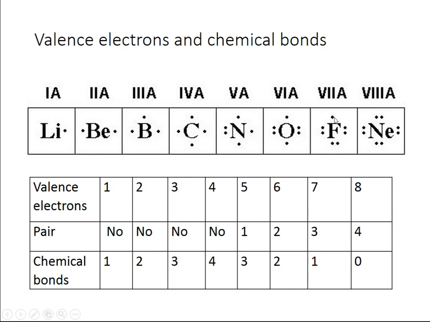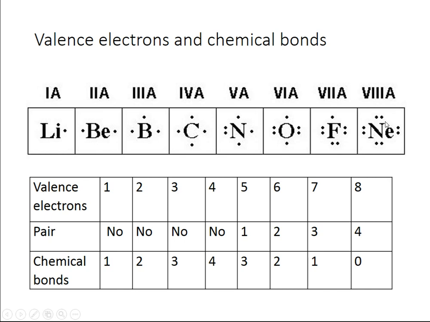With 7 valence electrons, we have 3 pairs and 1 unpaired electron. And because of that, we can form only a single chemical bond here to complete the pairing process. In group 8, everything is already paired. That's why normally group 8 elements are not reactive.